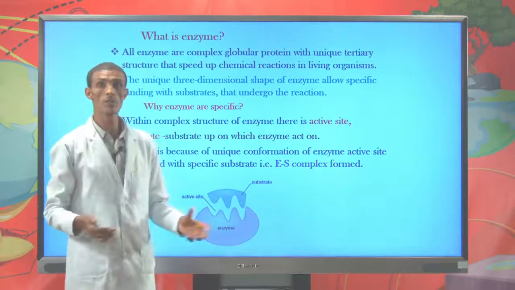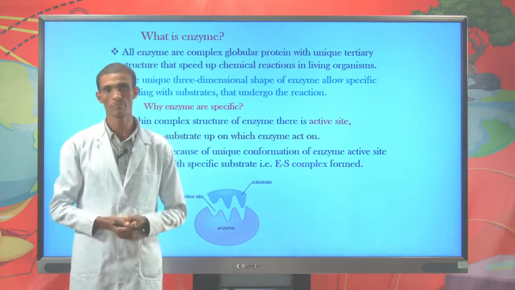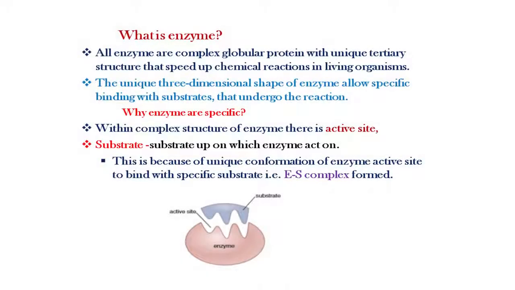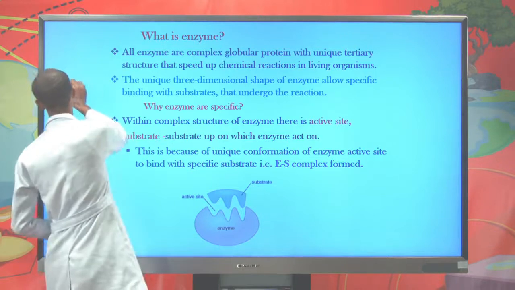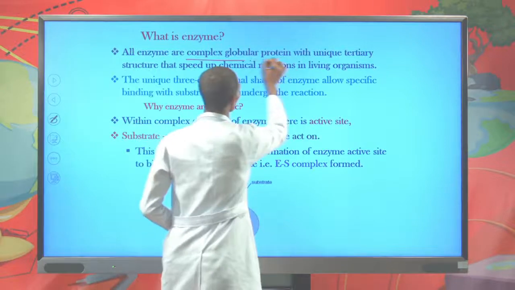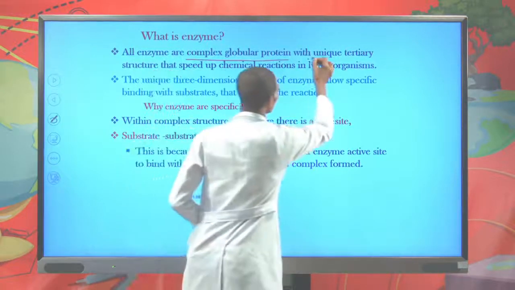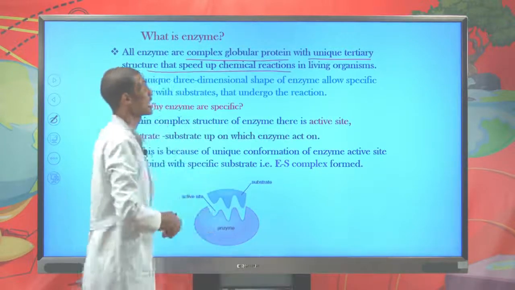Students, do you know what an enzyme means? What is the function of an enzyme? Well, all enzymes are complex globular proteins with a unique tertiary structure that is used to speed up chemical reactions in living organisms.